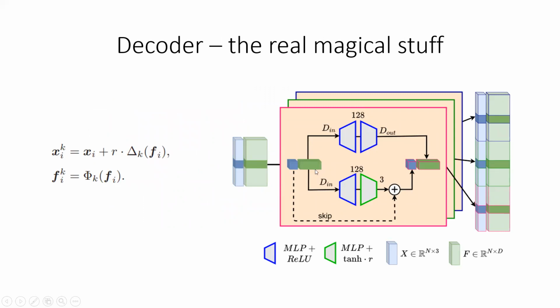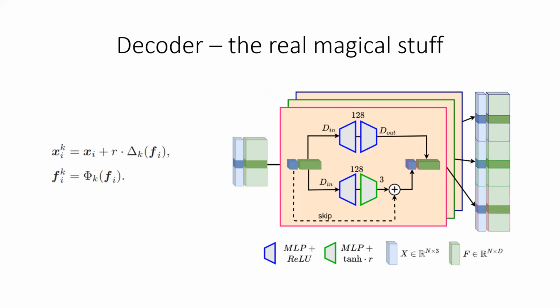They take each point and its corresponding feature set, and they'll again pass it through 2 MLPs. One MLP will predict the feature set, and the other MLP will actually predict the displacement of the new point from the previous point.